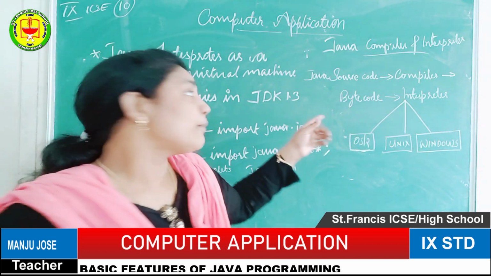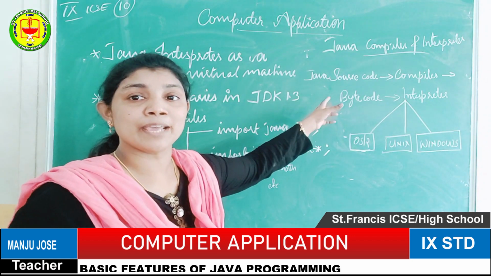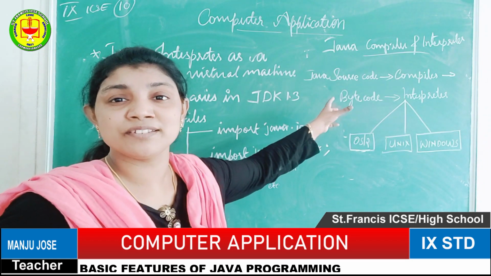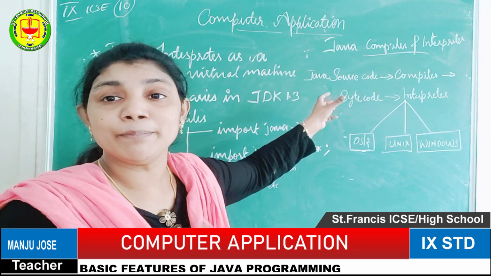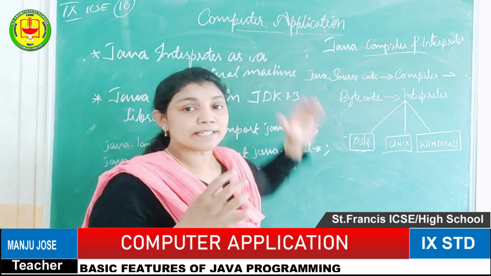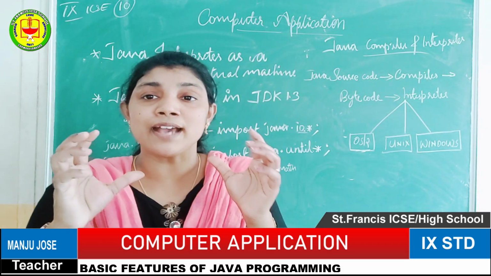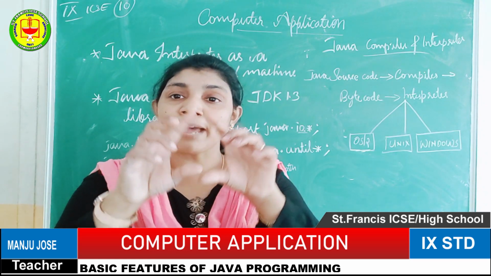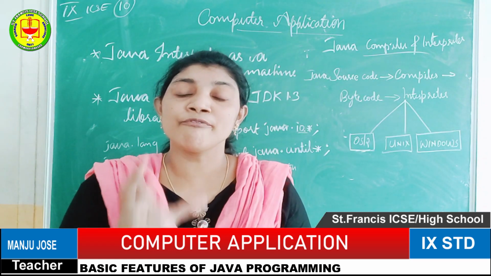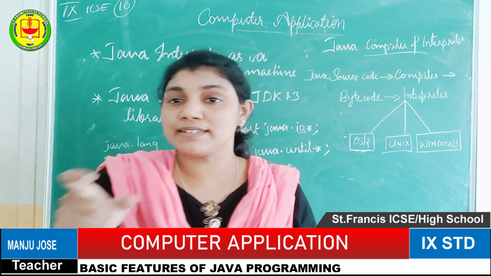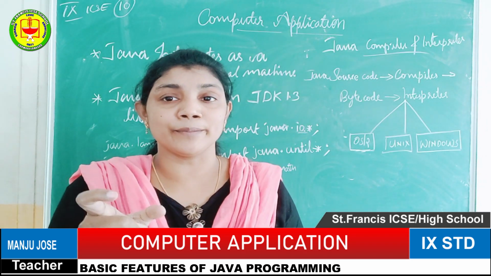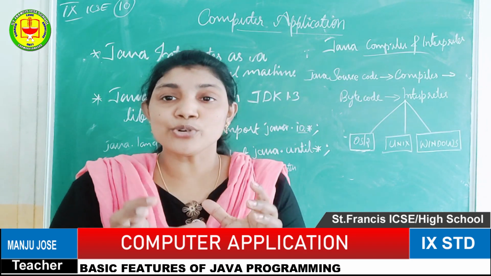Then how will Java work? We can see it. Here on the board I have given a diagrammatic representation of how the Java compiler and interpreter work. Whenever we open the Java software, the programming environment is there, where we type the statements or programming code. That is called source code.